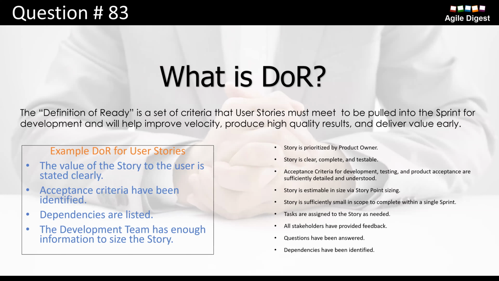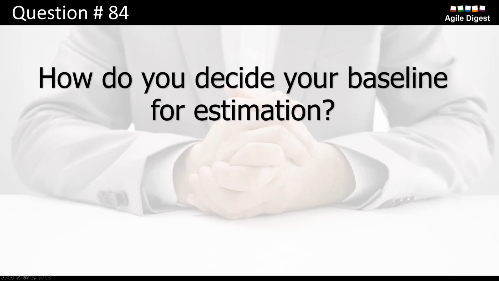All right. So let's talk about the next question. How do you decide your baseline for your estimation? With the help of relative sizing. And we do that by giving the team an example of different work. I'm not sure how I can put it across.